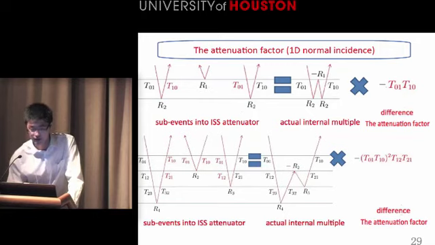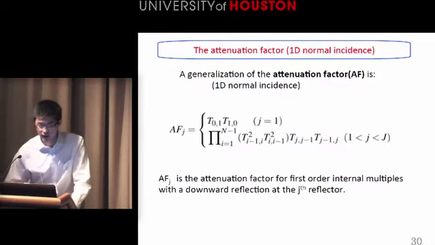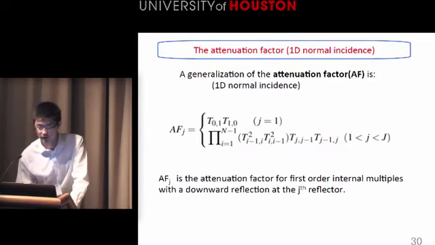And we also note that when we predict all the internal multiples at once, different internal multiples in the prediction will have different attenuation factors. And here's the generalization of the attenuation factor, which is shown here in the 1D normal incidence case.